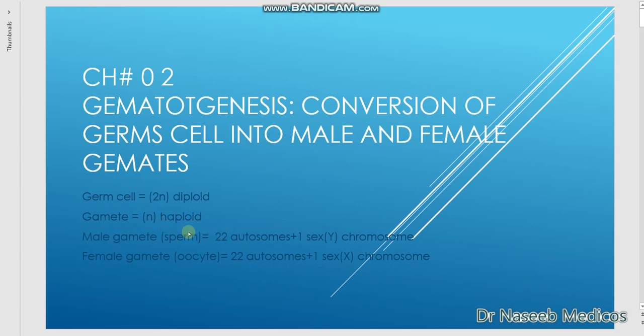The male gamete, which can also be called a sperm, has 22 autosomes and one Y chromosome, which is also called a sex chromosome because it determines the gender. The female gamete, which is also called the oocyte, has the same 22 autosomes but one X chromosome.